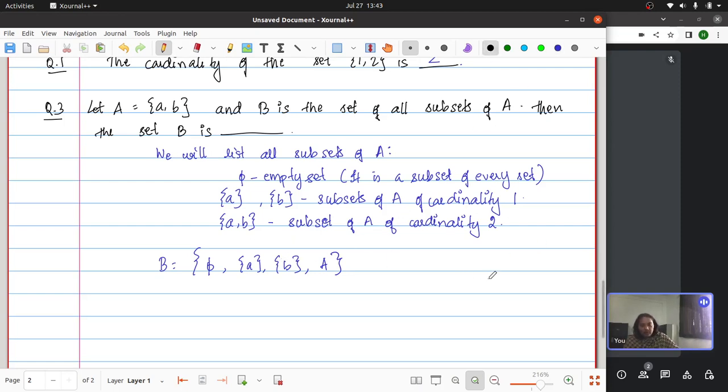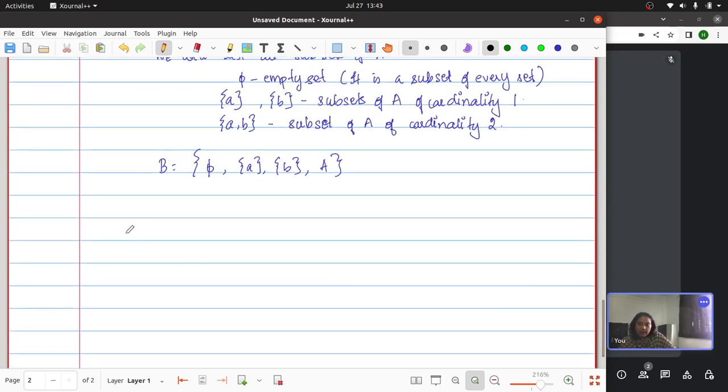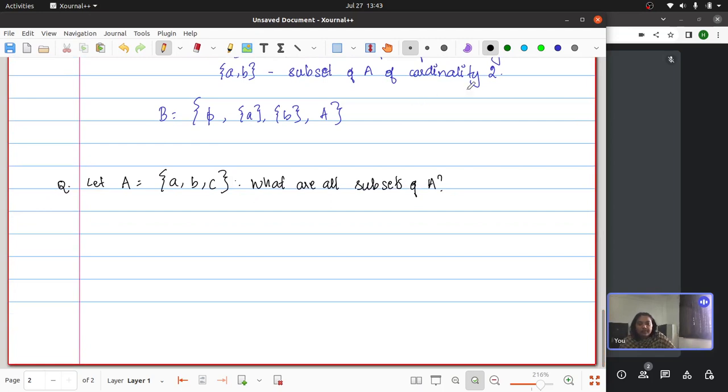So let us look at one more example of similar type. Let's take A as {a, b, c}, and the question is, what are all the subsets of A? We will do the same thing. We have the empty set, which is always contained.